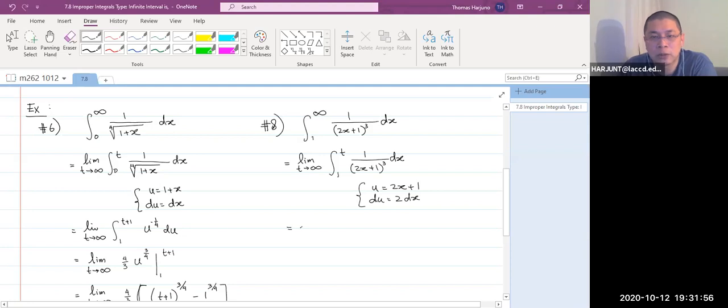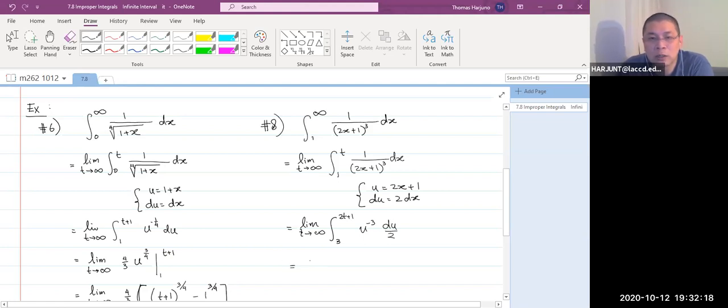Because of that substitution, the limits of integration should also change. This becomes the integral from 3 up to 2t plus 1 of u to the negative 3 du over 2.